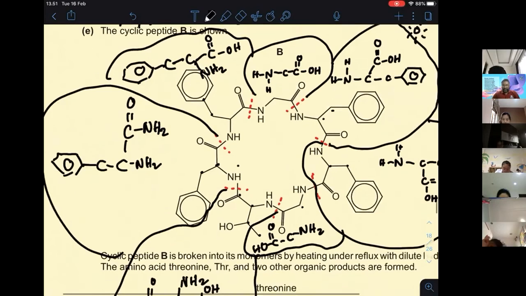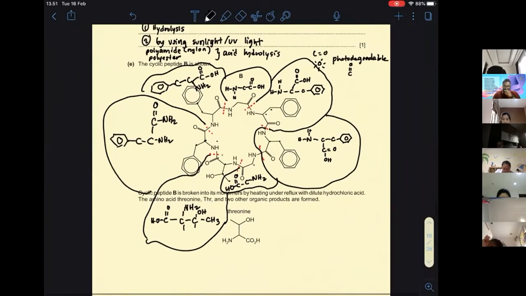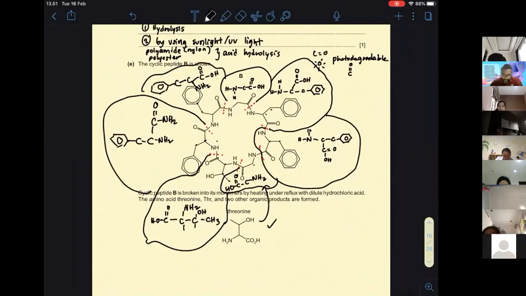Okay, done. Now, if I put it down, they say that there is going to be threonine. If you look at threonine, this structure is the same as this structure. And you are looking for two other groups. When I see the groups that I circled over here, if this is one, this is the same as this, and it is the same as this.